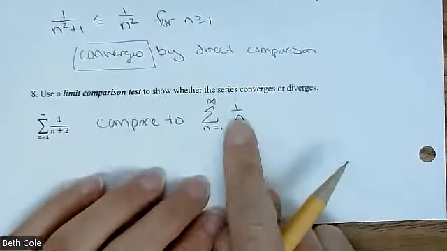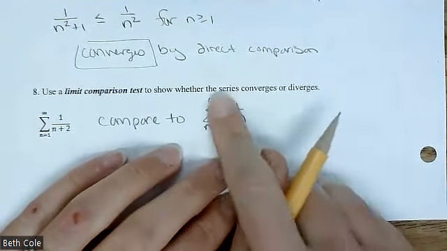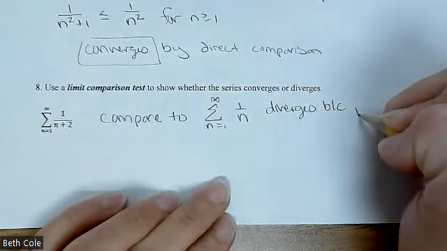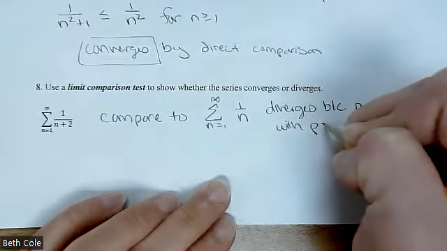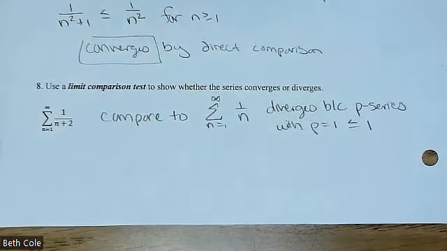So what does this one do? Diverges, good. Diverges because P series, P equals 1, good. And so our goal is to say, since that diverged, the original one diverged too.